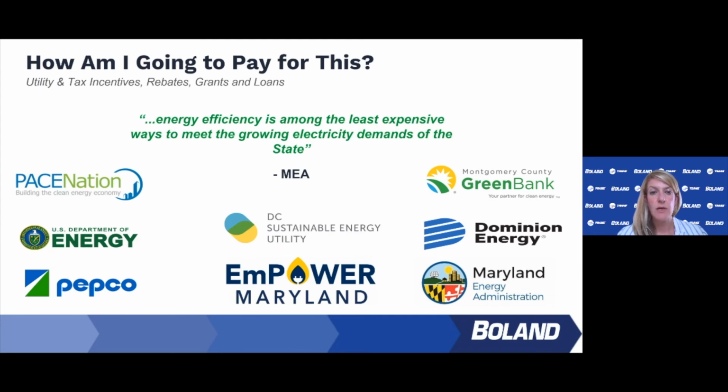I mentioned the green banks. There's also PACE with no money down. For those of you who don't want to put a penny down, if it is an energy efficiency project, you can get not only the utility incentive money, but depending on where you're at, you can get that project financed for $0 down.